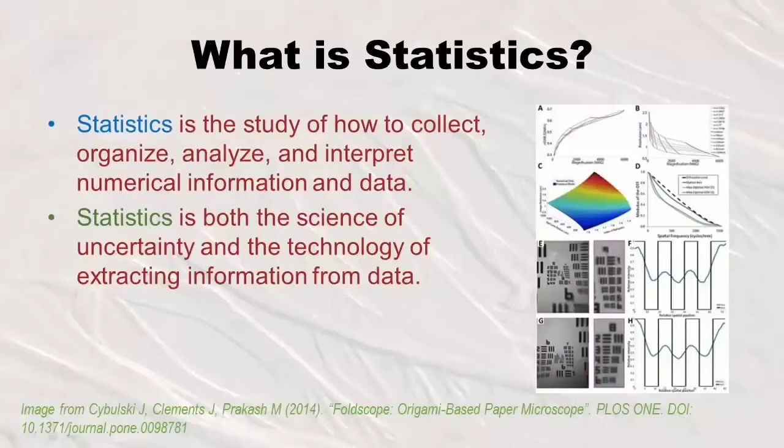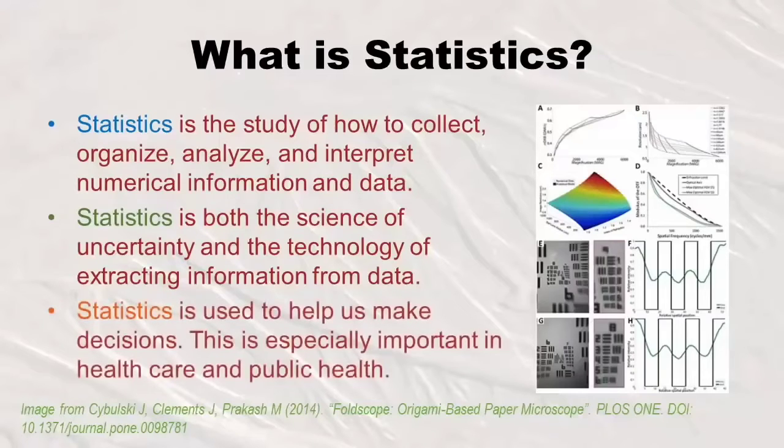But you don't know. Maybe there's new management. That's the uncertainty. So statistics is used to help us make decisions, not just whether to go to the restaurant or not, but important decisions such as in healthcare and public health. Well, I guess if it's an expensive restaurant, maybe it's important. But anyway, in healthcare and public health, you really need these statistics because they really guide you.